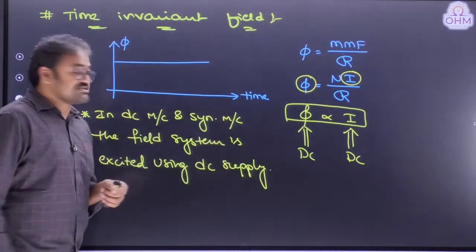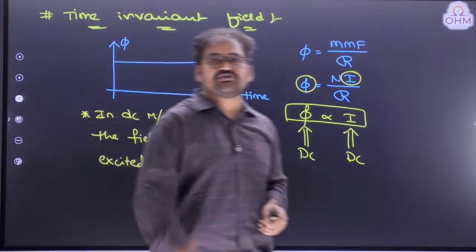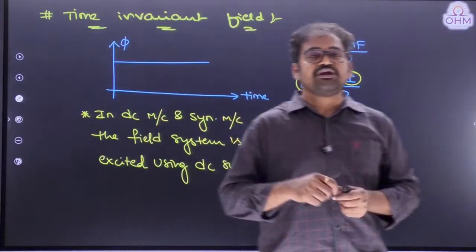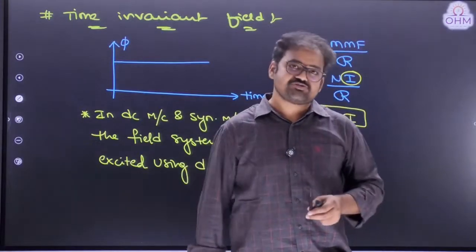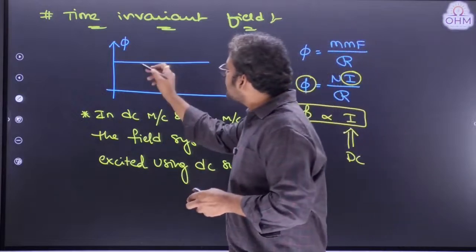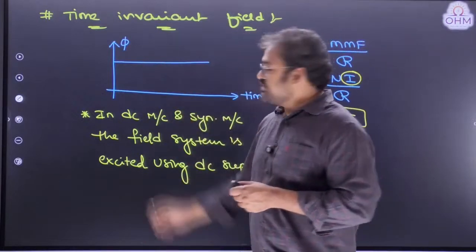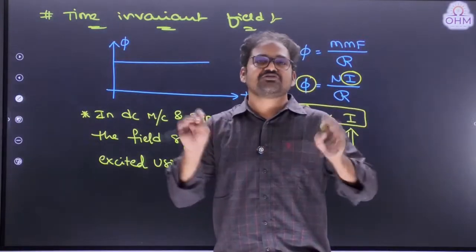Yes, you can obtain a similar type of magnetic field using permanent magnets also. We know that a permanent magnet means the flux developed by that magnet will be constant with respect to time. But the disadvantage with a permanent magnet is you can't control the magnitude of the flux. You can't increase it, you can't decrease it. Therefore, excitation will be constant.